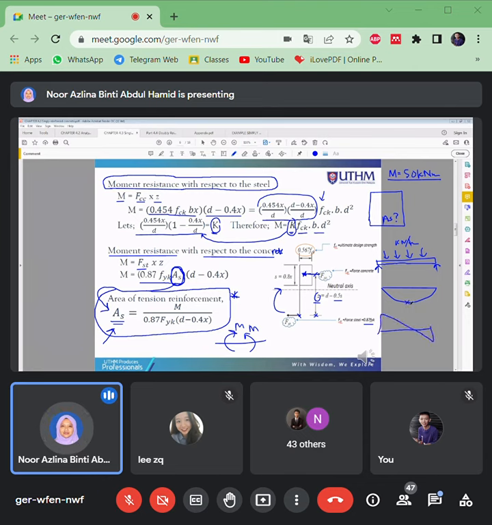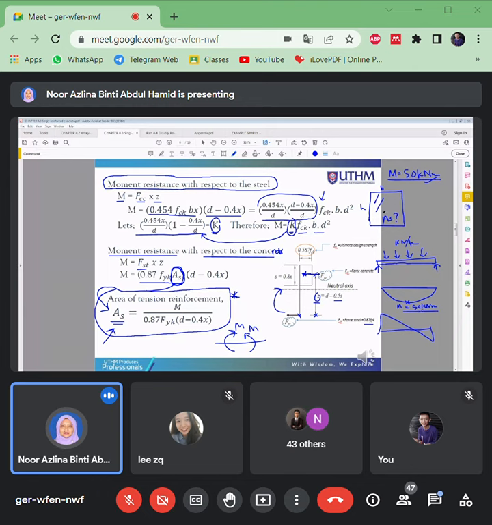So the maximum one is 50 kilonewton meter. So the maximum moment which this beam section will support is this maximum moment here.